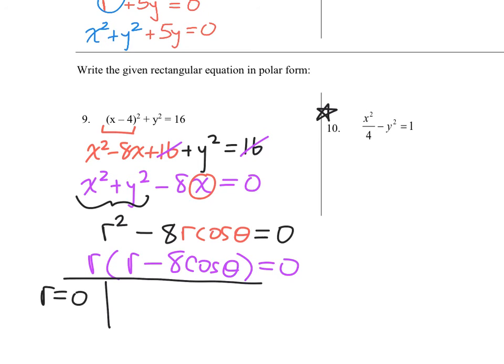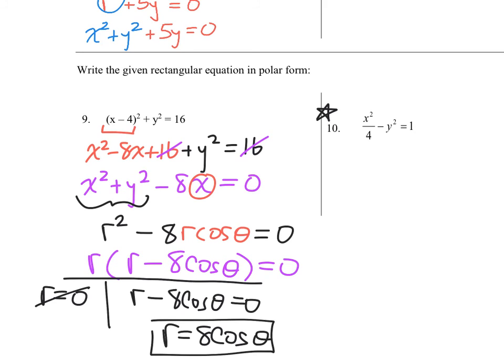When r is equal to 0, we're talking about a circle with a radius equal to 0. Is anything even there if you have a circle whose radius is 0? Does it even exist? No. So this is irrelevant. So we're left with r minus 8 cosine theta equals 0. And then we can solve that for r, and you get r equals 8 cosine theta.